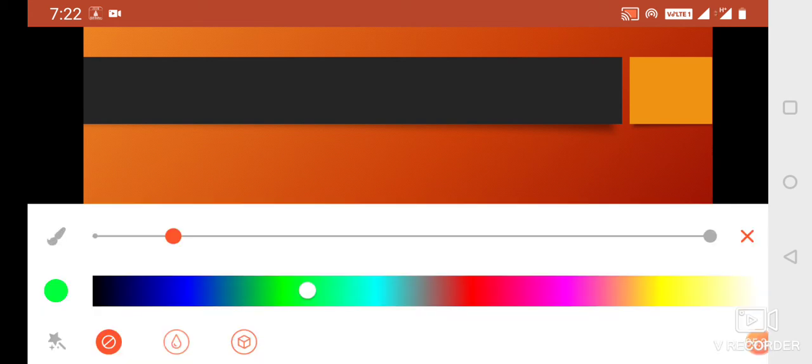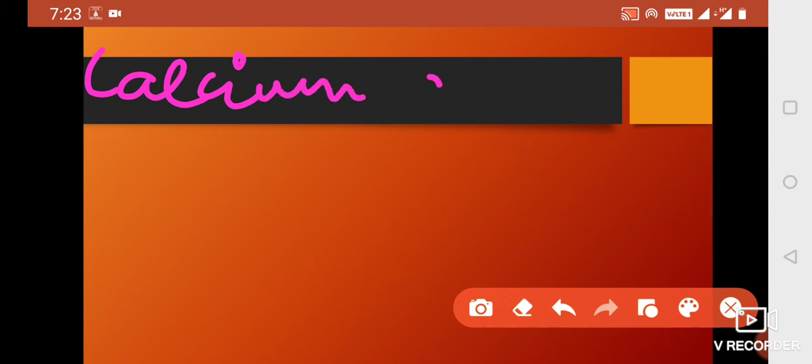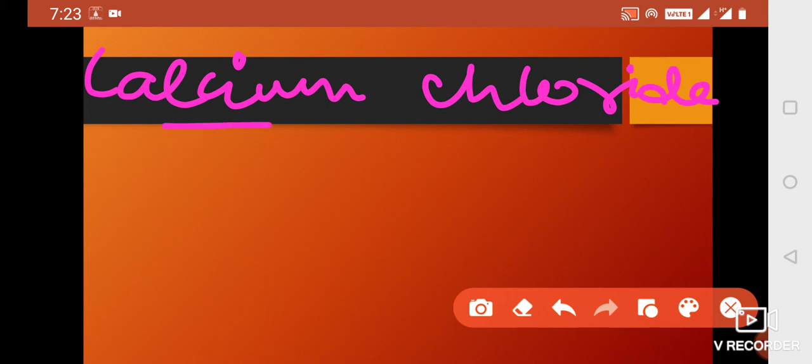Now we can take calcium chloride. For calcium, what is the symbol? Ca, written.